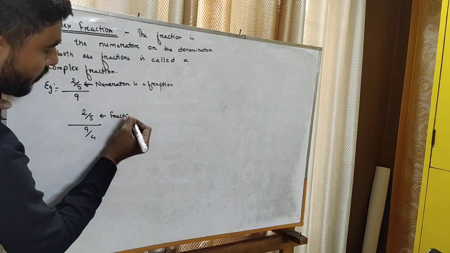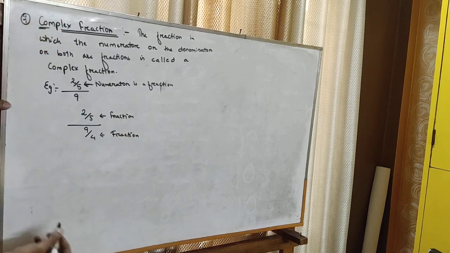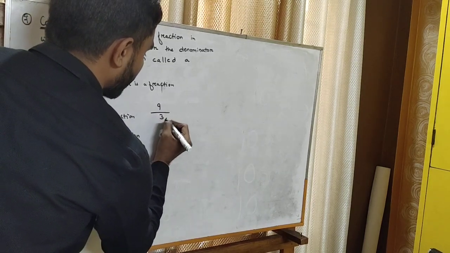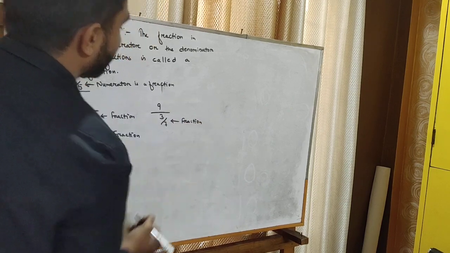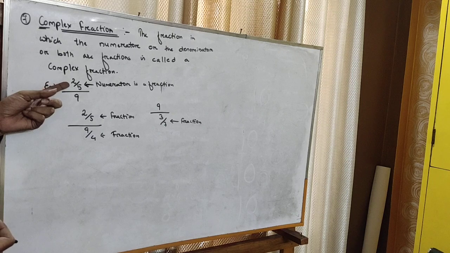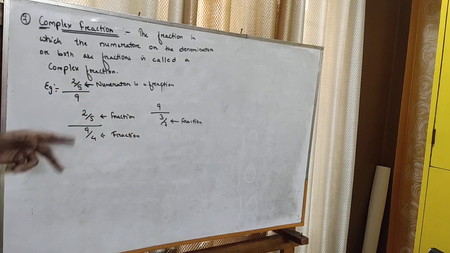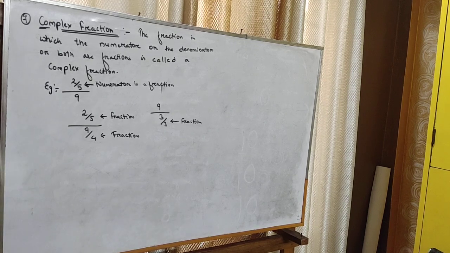Numerator is a fraction, denominator is also a fraction. One more example, 9 by 3 by 7. Here you can see the denominator is a fraction. I gave you all three conditions. Numerator can be a fraction, denominator can be a fraction, or both the numerator and the denominator can be fractions, and such fractions are hence called complex fractions.